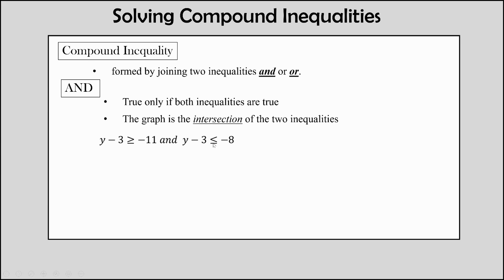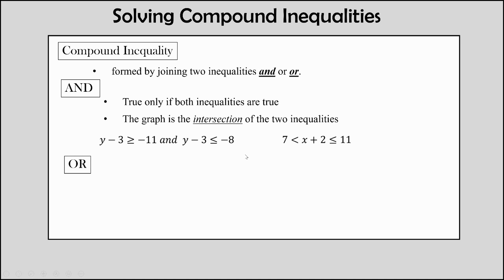The other way they can give you and is to write it as one combination of inequalities, with generally the variable in the center. We would read this as 7 is less than x plus 2, which is less than or equal to 11. This is considered an and inequality. We'll talk about these, and I'll show you how to separate them if they're written like this as we go forward.